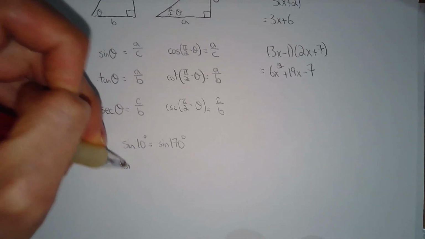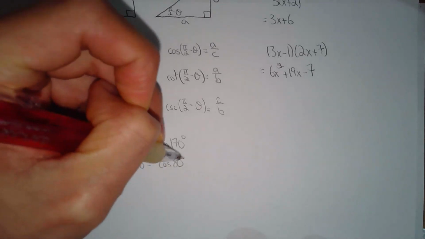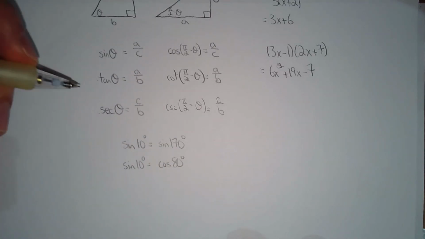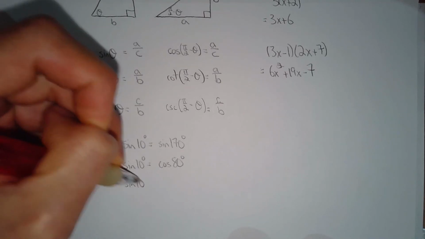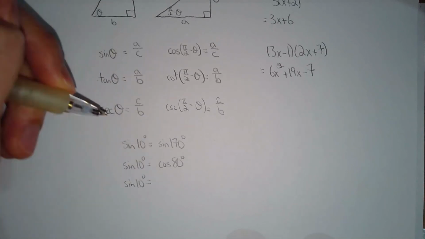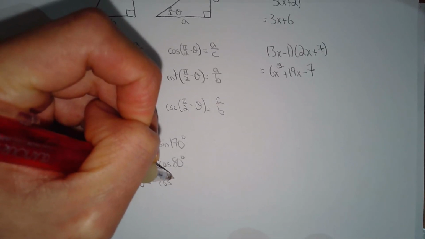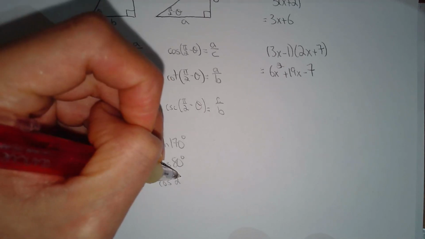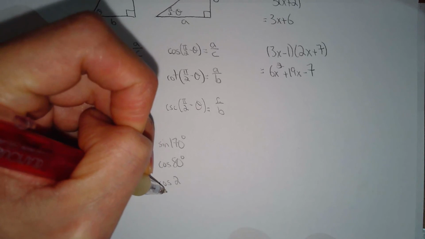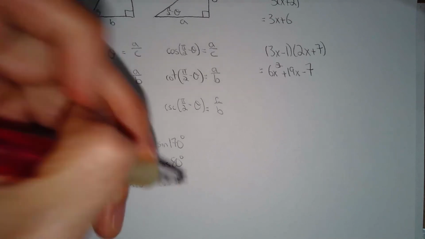Let's keep going. Sine 10 degrees is equal to cos 80 degrees. That also works because 10 and 80 are complementary. Let's do one more. This is going to be the most exciting. Cosine of 280, which is 360 minus 80.